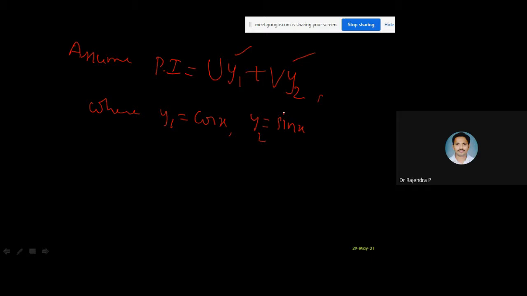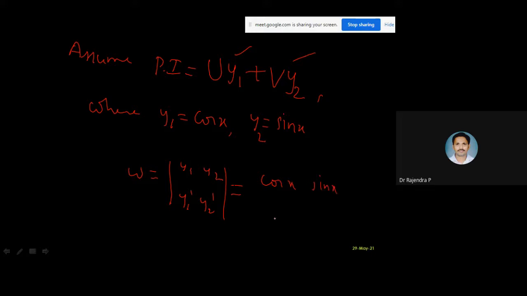And we already know how we are going to find u and v. There are certain formulas. In that formula, we need w, which is the Wronskian determinant. It is also a formula: y1, y2, y1 dash, y2 dash. So y1 here is cos x, y2 is sin x.